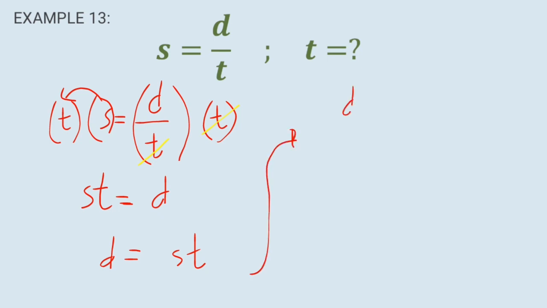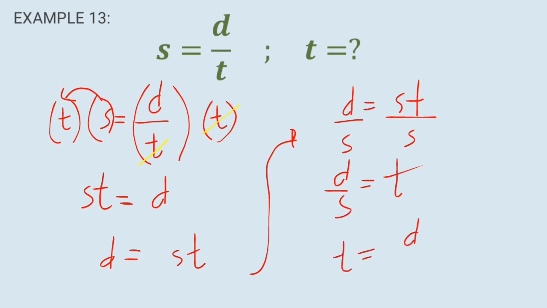So we have to eliminate that one by dividing by s on both sides. Now we have t equals d over s, by symmetric property.